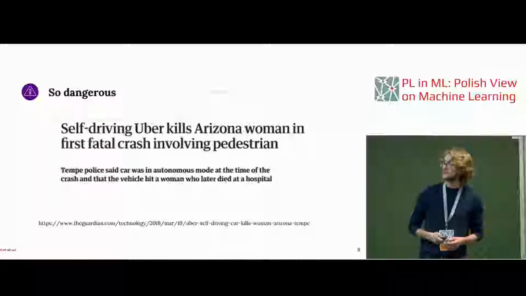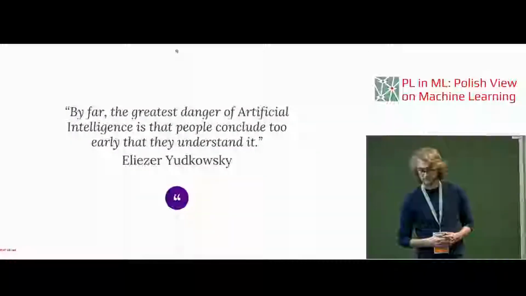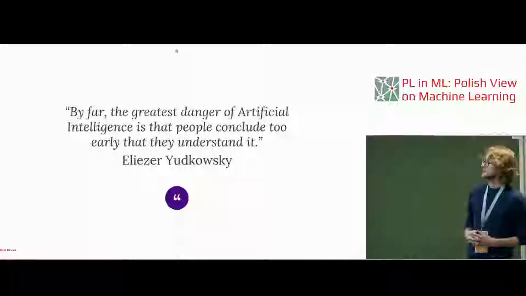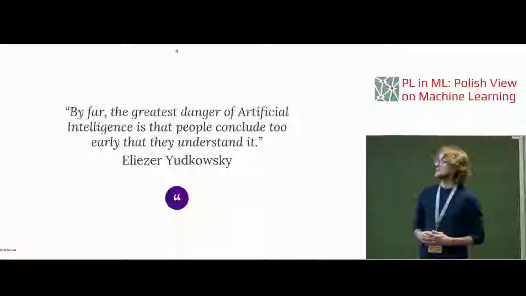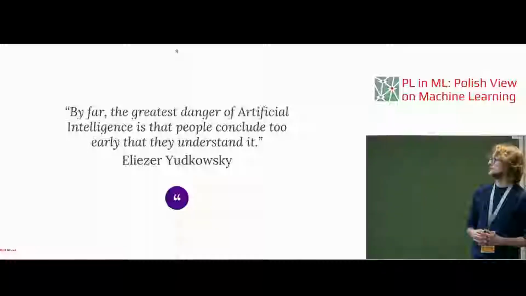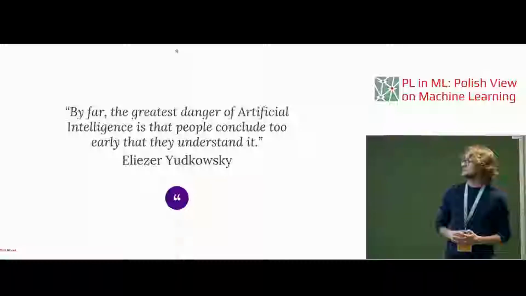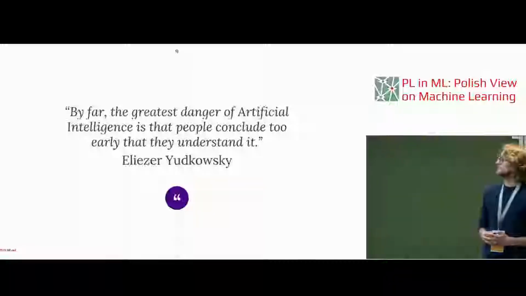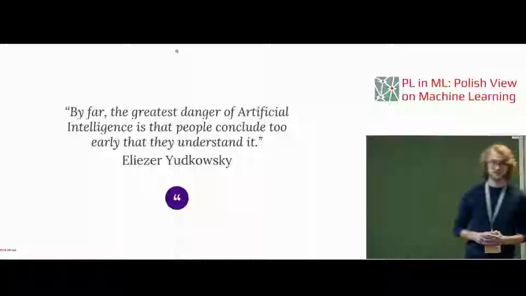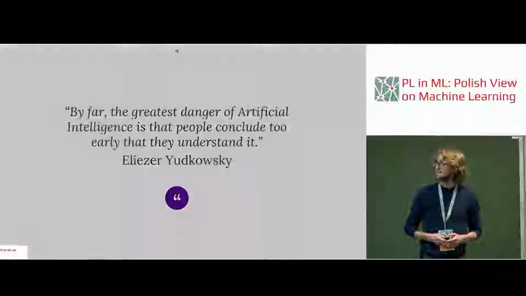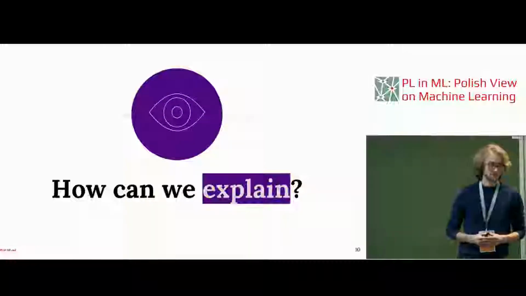So the great summary of this is the quote from Eliezer Yudkowsky, the popular American artificial intelligence popularizer: by far the greatest danger of artificial intelligence is that people conclude too early that they understand it. So accurate.